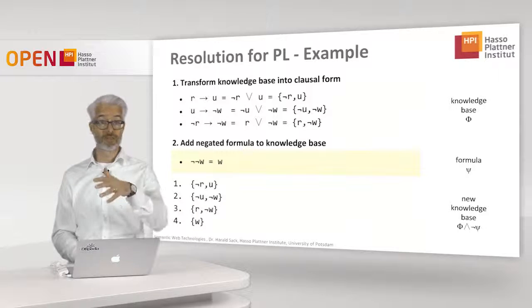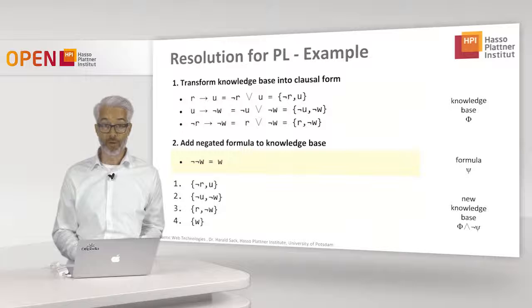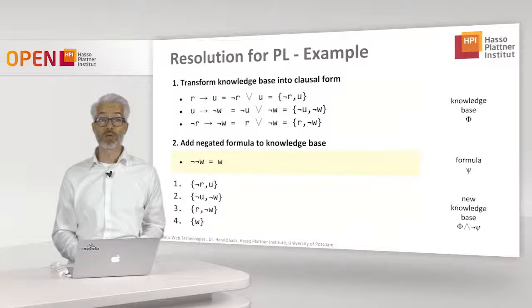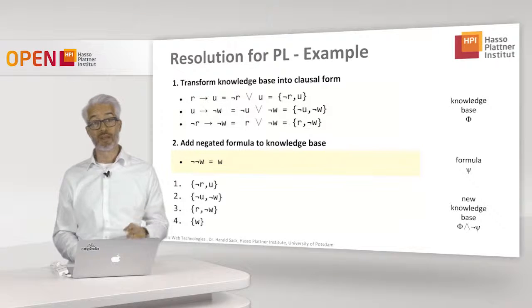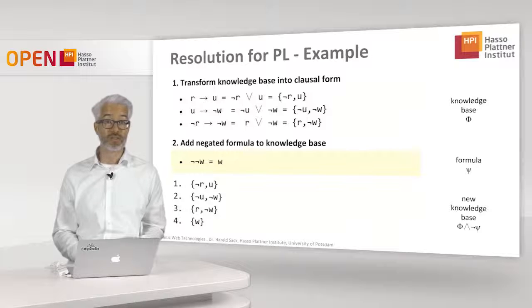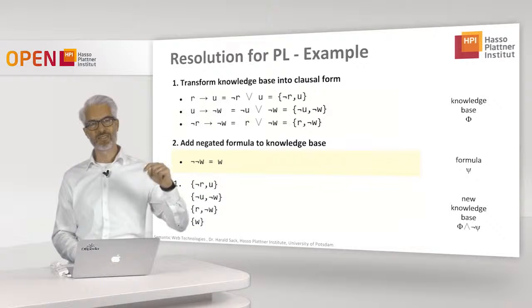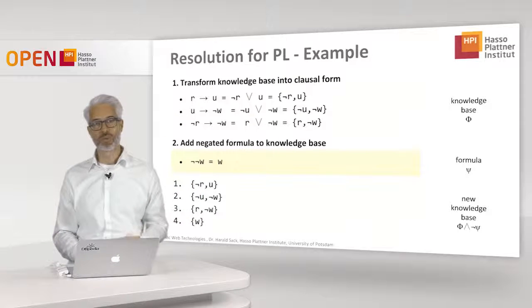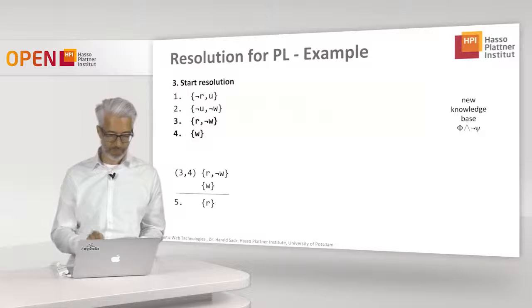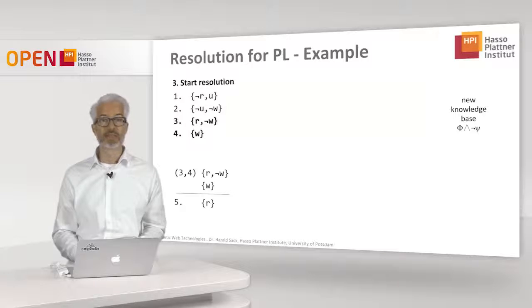The new knowledge base, which you see in the box below, consists of 4 clauses. From that, we want to deduce that there is a contradiction, because we have added the negation of the consequence that we want to show. Let's start.